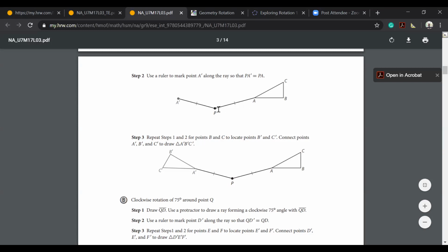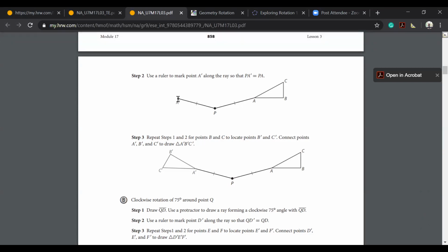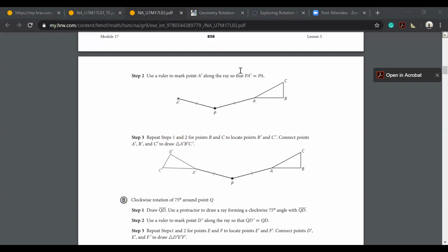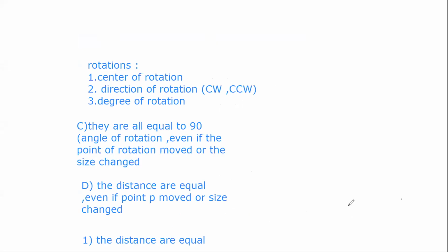Then you will measure 3 centimeters on the other line that you drew, and then you will find A prime. For example, this was point P, and this was A prime or the point A.